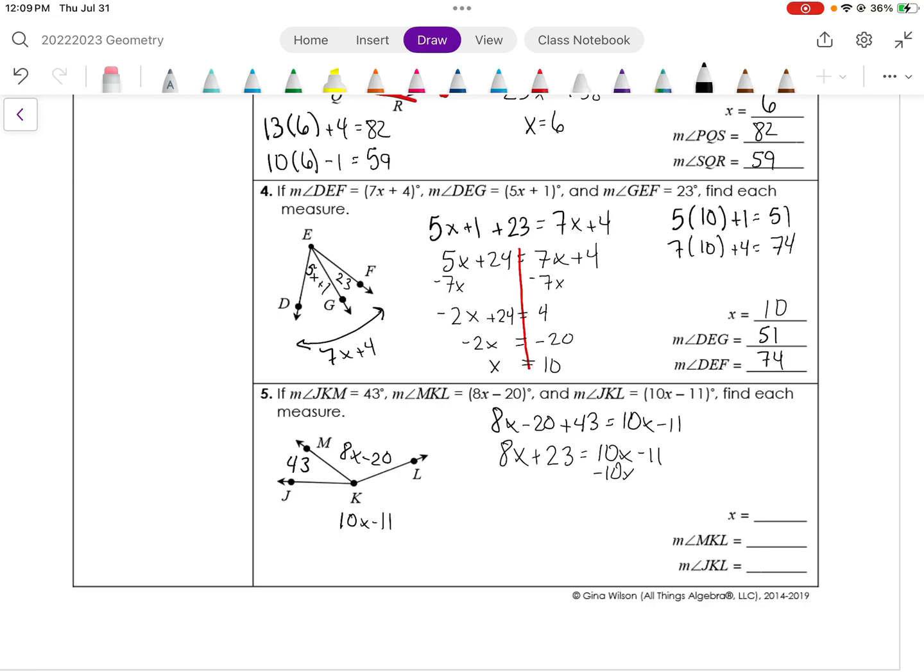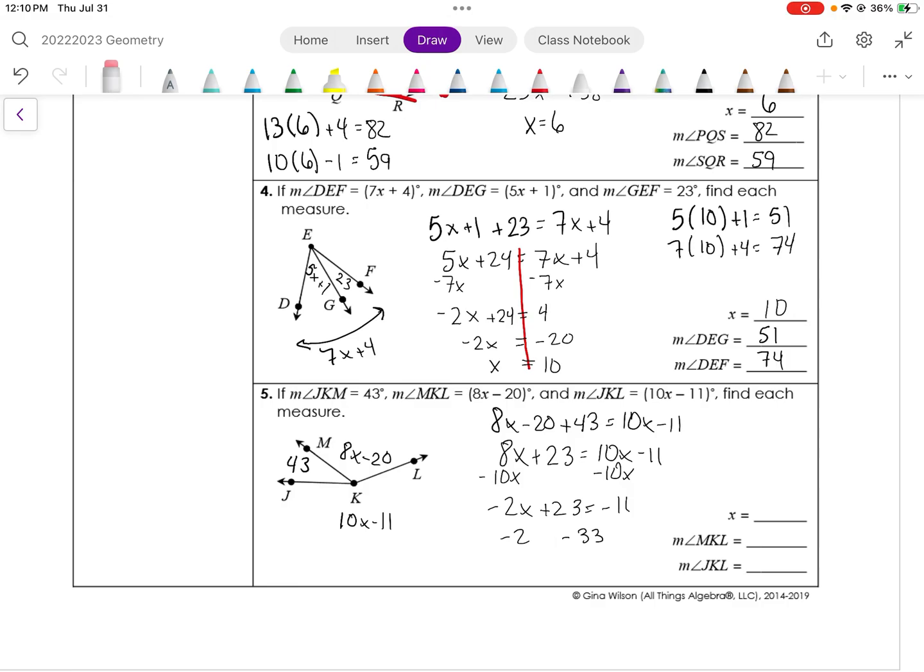Take your x's to one side, so I'm going to subtract my 10x. I'll show you. Go the other way if you wanted to keep it positive. Does not matter. It'd be negative 33. Is that right? Yep, I think we get a decimal for this one.